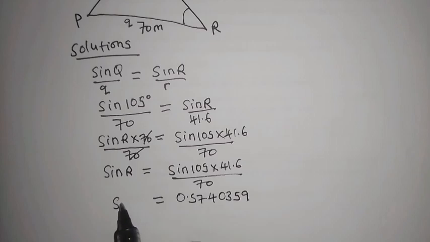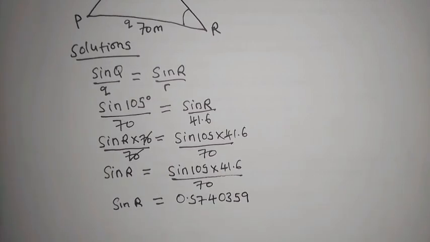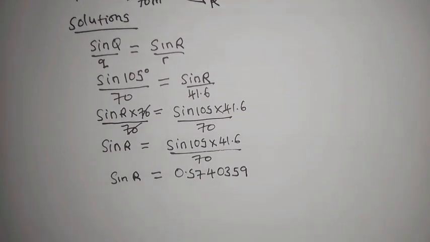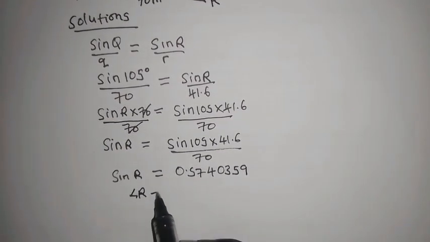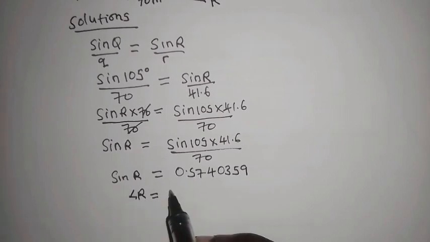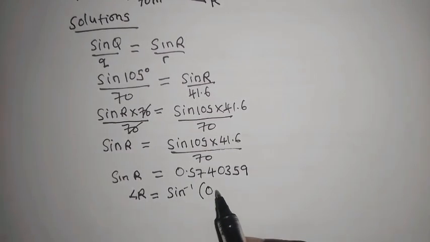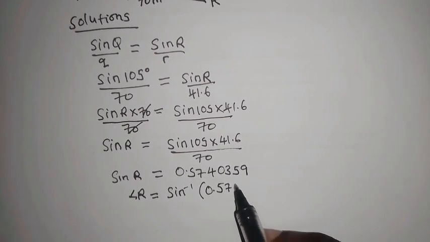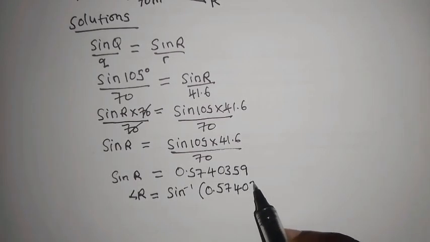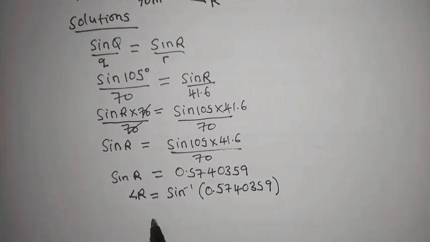This is sine R. Now we have to ensure that we remain with angle R, so we take the inverse sine of 0.5740359.